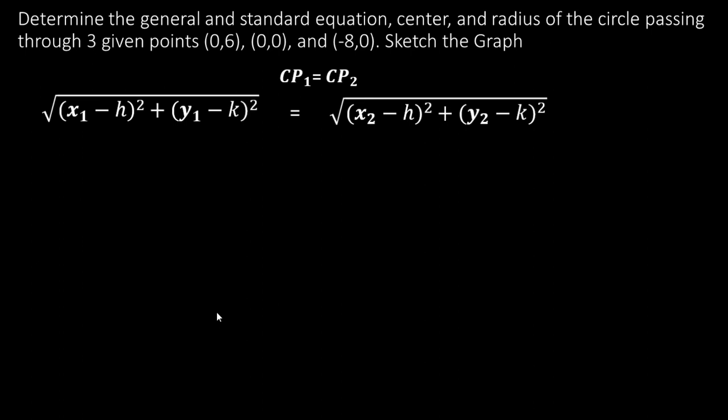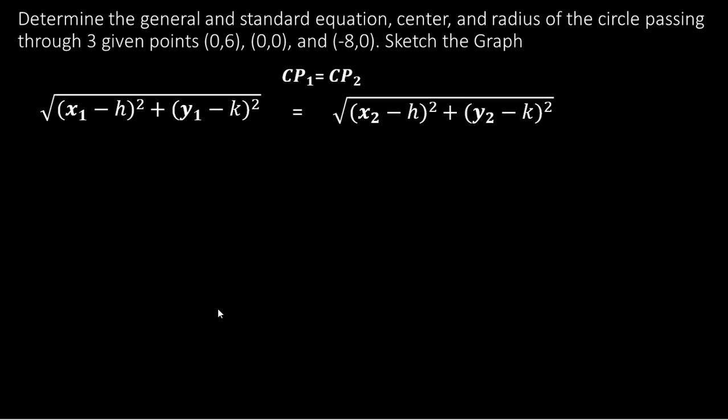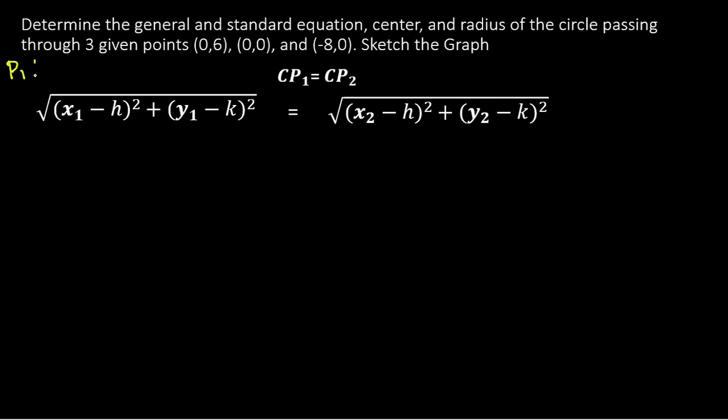So first, we have the square root of (x sub 1 minus h) squared plus (y sub 1 minus k) squared is equal to the square root of (x sub 2 minus h) squared plus (y sub 2 minus k) squared. For point 1, we have (0, 6), and for point 2, we have (0, 0). Now let us substitute.